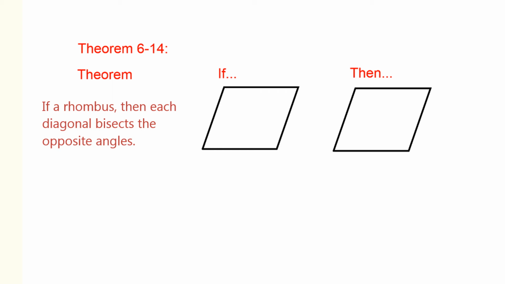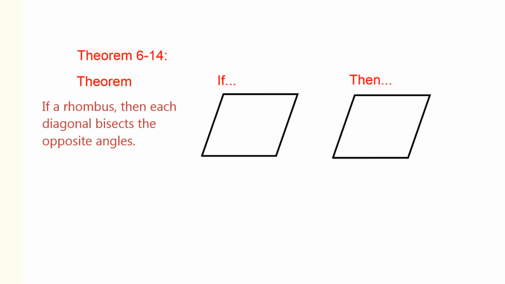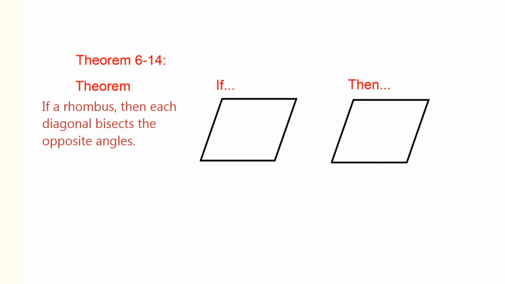So if we have a rhombus, meaning all four sides are congruent, then the diagonals are going to bisect the opposite angles. Diagonal 1, diagonal 2.